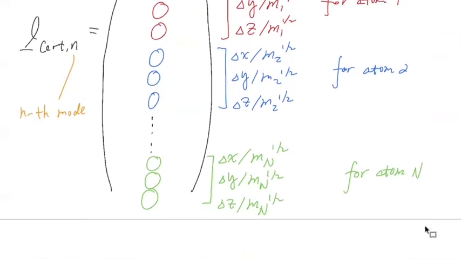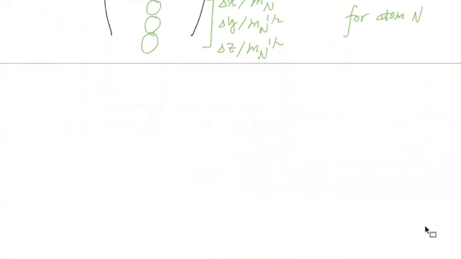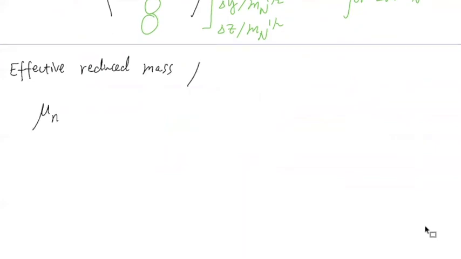All right, so then we can define the so-called effective reduced mass, mu n, for the nth mode. For each normal mode, we can assign an effective reduced mass. It's like what we have in a diatomic molecule.